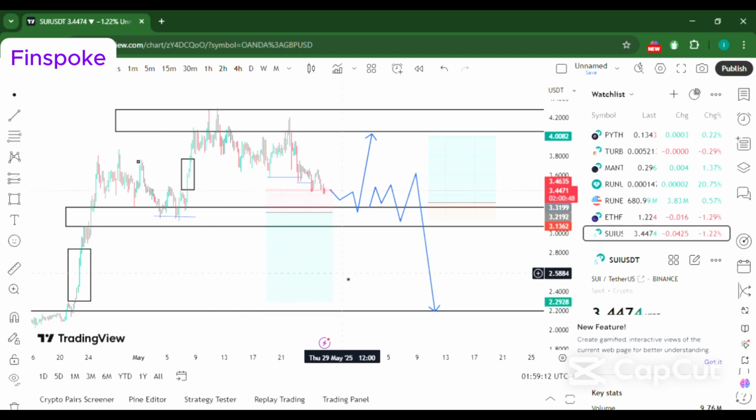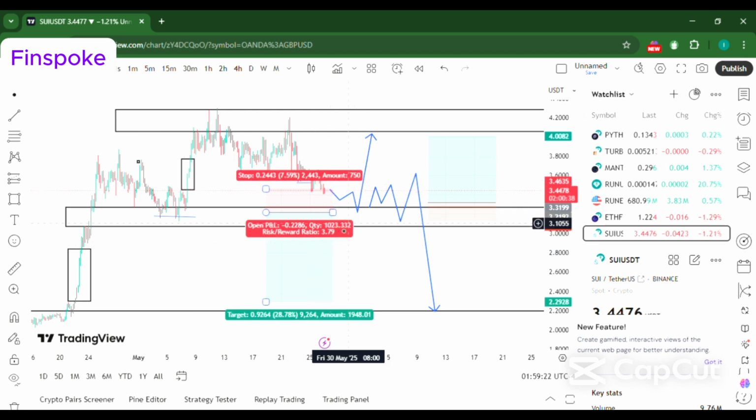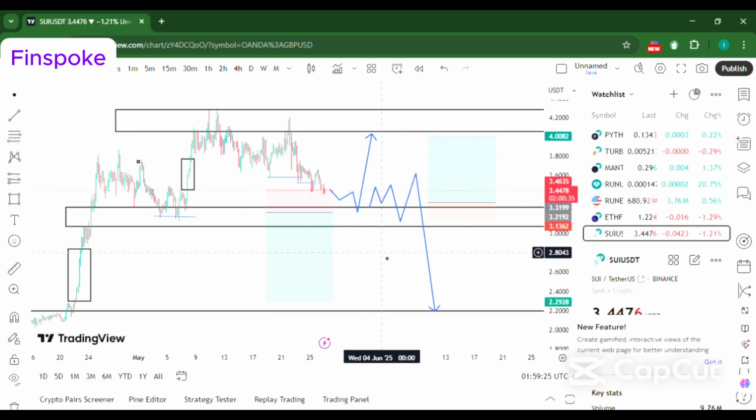Now, if you are trading forex, it is advisable that when you have a setup like this, ensure it aligns within the New York session and the London session.